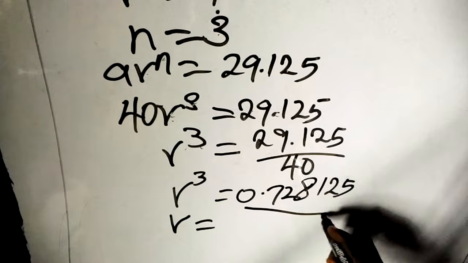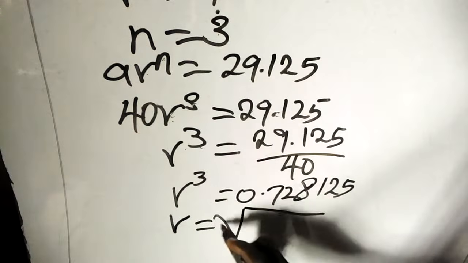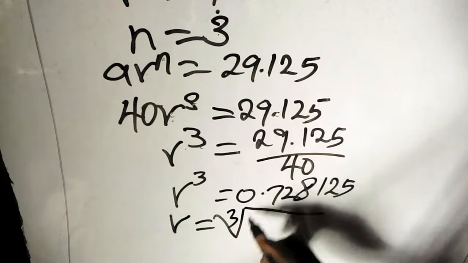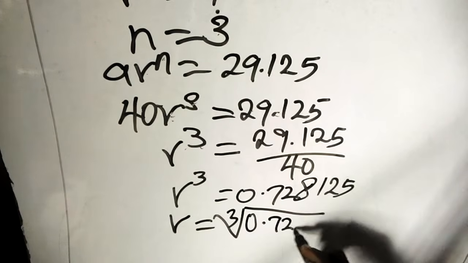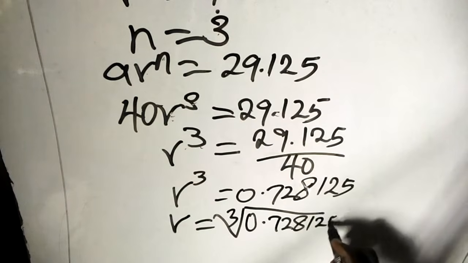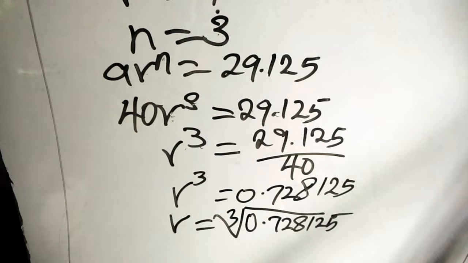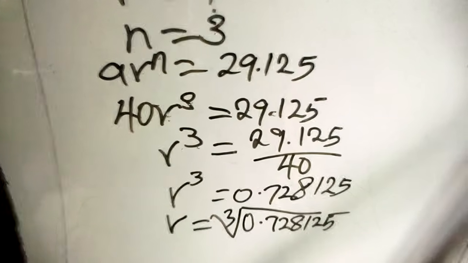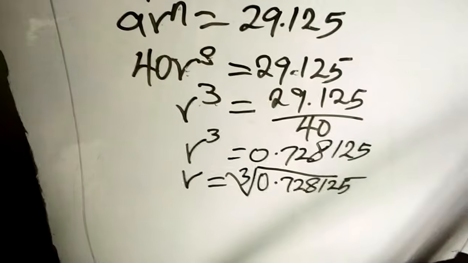R will be equal to the cube root, because of the 3 at the power, of 0.728125. What is the cube root of this? That will give us 0.8996.